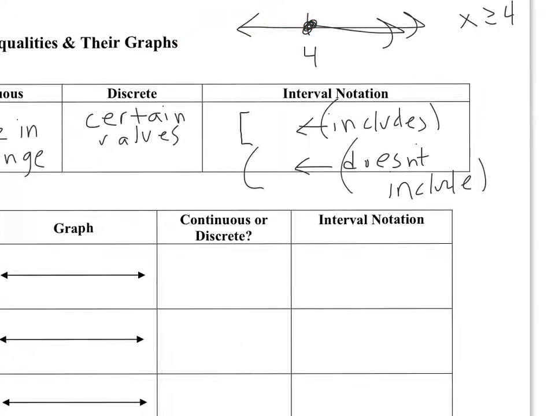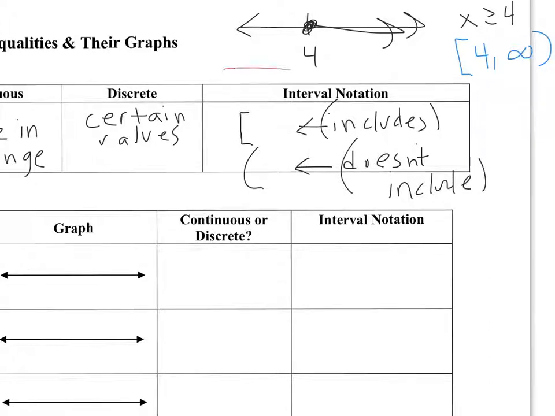Well, it starts at 4, and it includes 4. So I'm going to put a bracket at 4. And when does it stop? Well, it keeps going, so it's going to infinity. The infinity symbol looks like this. It's kind of a sideways 8. And because infinity is not a number that we can actually put a stop on or mark, we use a parenthesis for that.